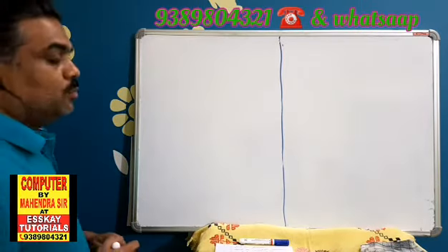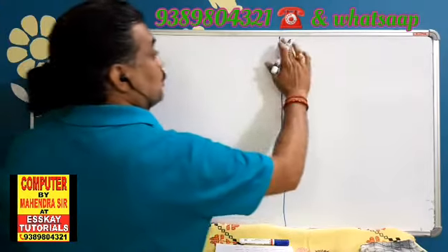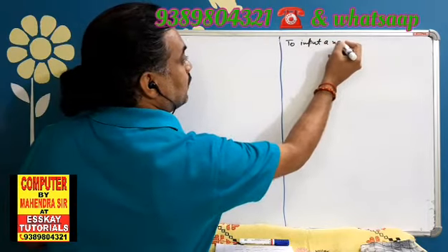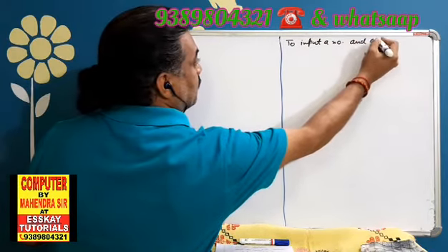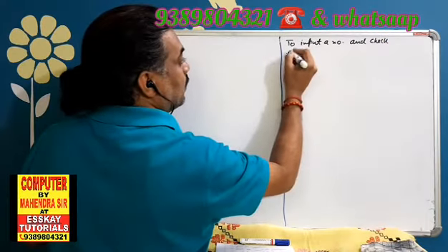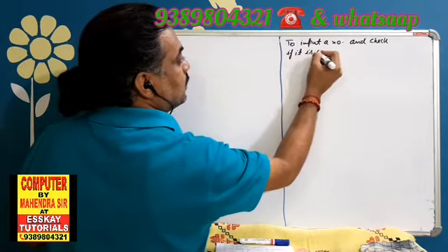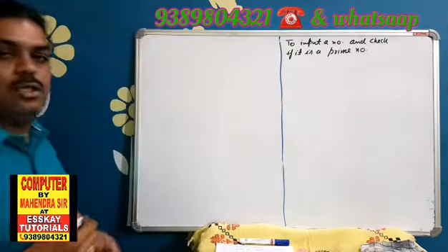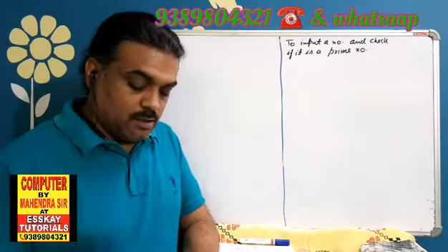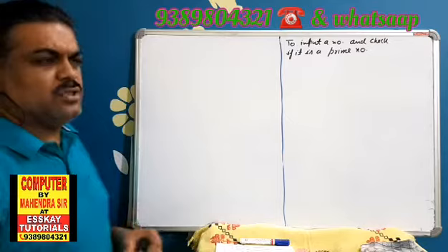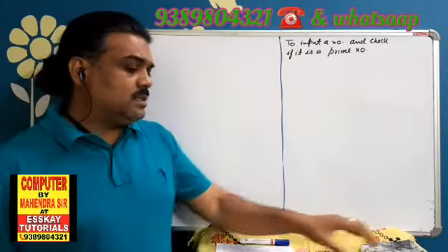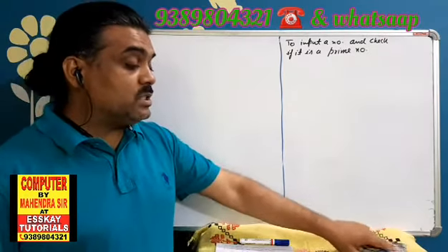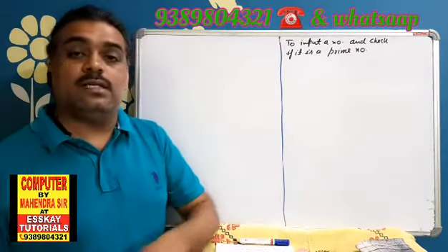The next program which we are going to deal with is to input a number and check if it is a prime number. First of all, let's clear up what a prime number is. Generally, when children are asked, they give a very simple answer taught in mathematics, that any number which is divisible by 1 and itself is called a prime number.